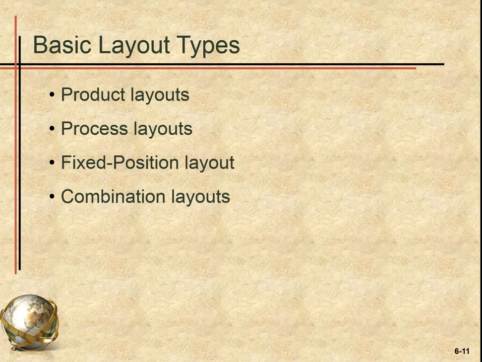Now, the product layout, that is more really the factory. You're thinking about, I need to create a product. It's more like an assembly line, the continuous type of processing that we spoke about before. I have a product that I need to produce, and I want to make sure that the layout is optimized.